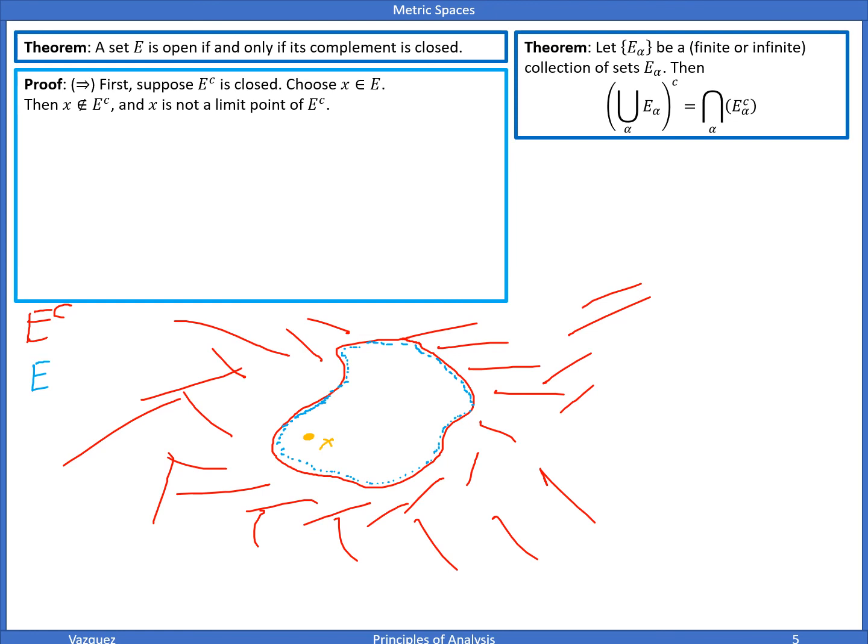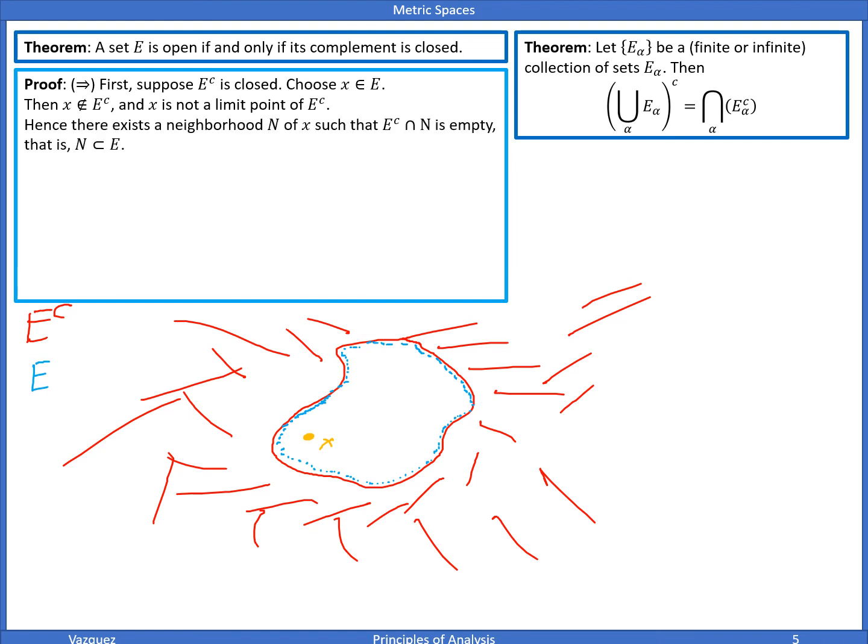Right, why is it not in E complement? Well, because E complement, we're assuming it's closed, so it should contain all its limit points. So X is not a limit point of E complement, right? And if X is in E, well, then it's not in its complement.